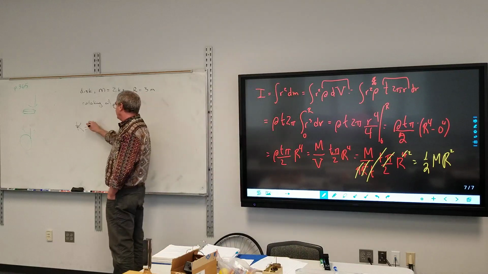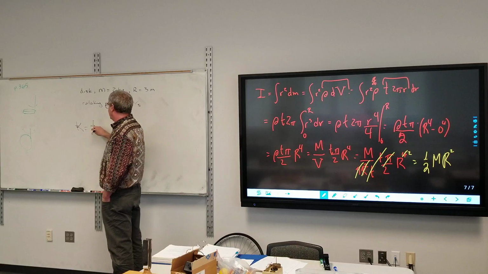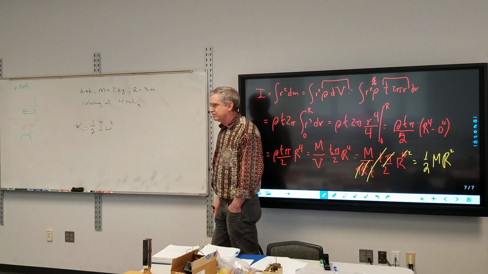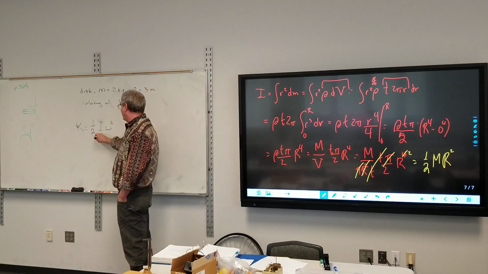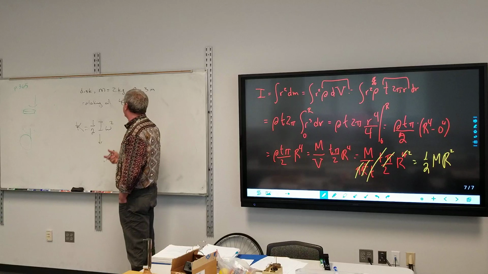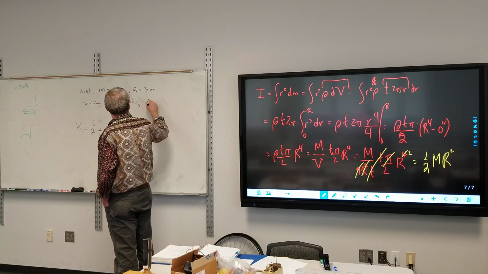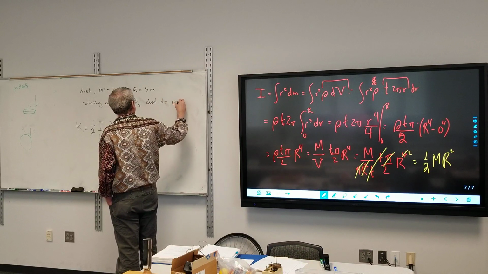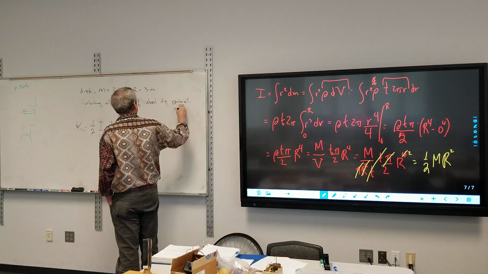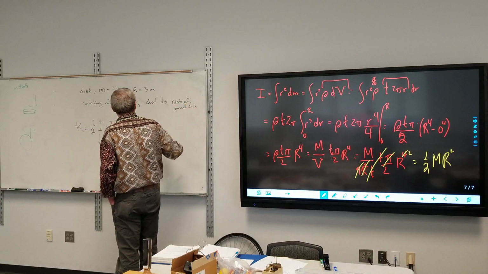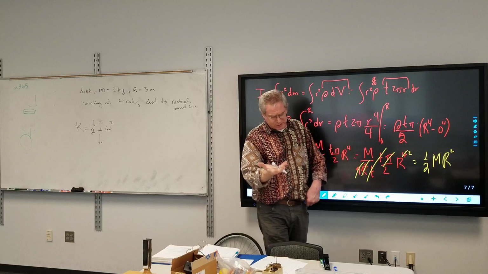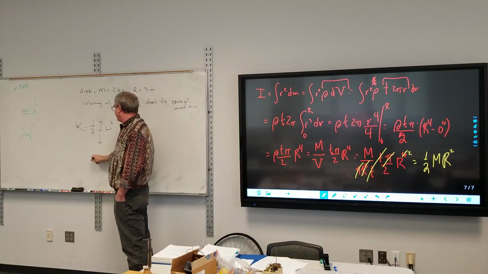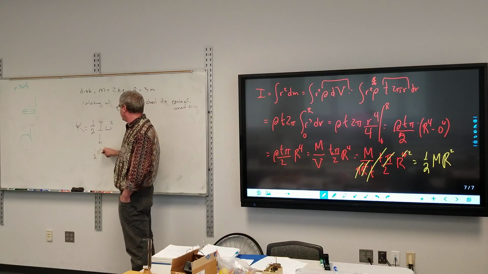Step by step. That's 1/2 I omega squared. And I, for a disk rotating about its central normal axis, normal meaning perpendicular to the face, is 1/2 m r squared.